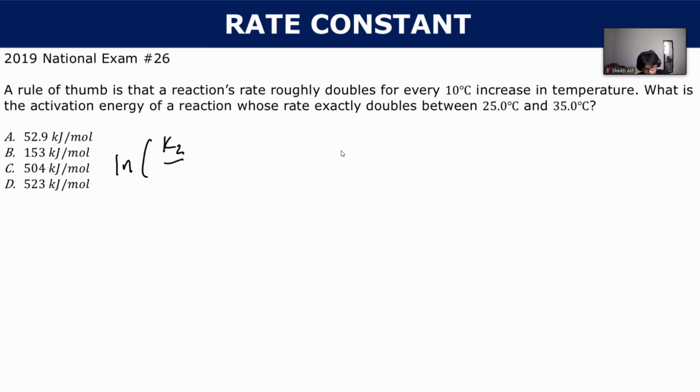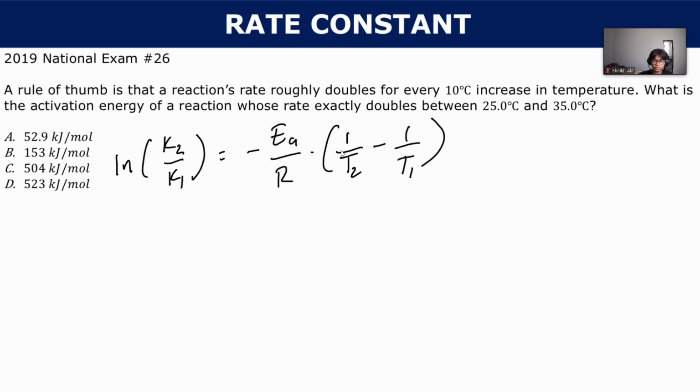So ln(k2 over k1) is going to equal minus Ea over R times (1 over temperature 2 minus 1 over temperature 1). Let's start filling in what we know. The rate of the second reaction over the rate of the first reaction is going to be 2, since we're told that it exactly doubles, and we're trying to find the activation energy.